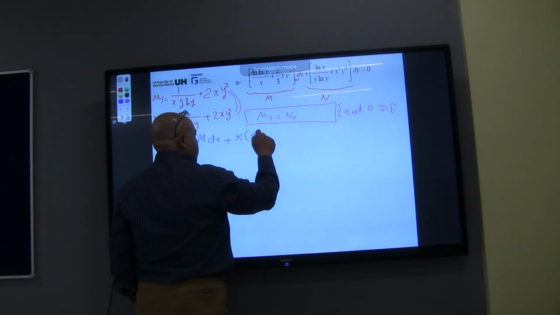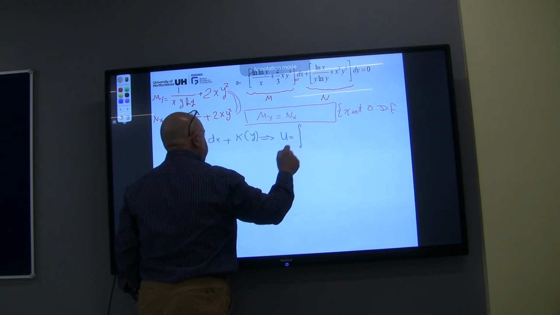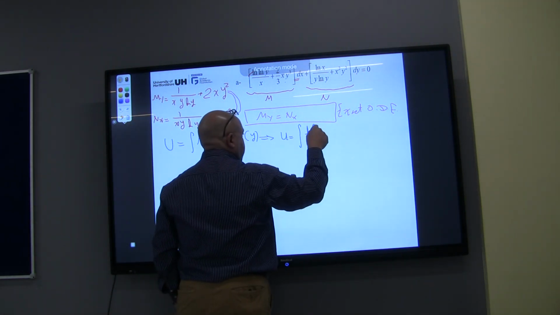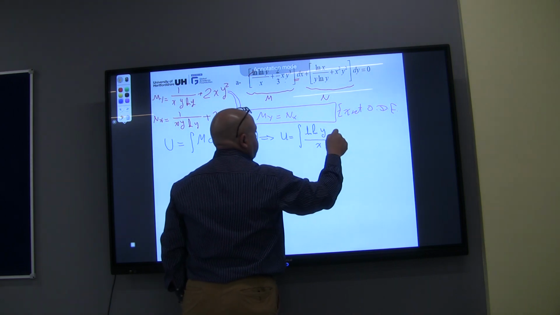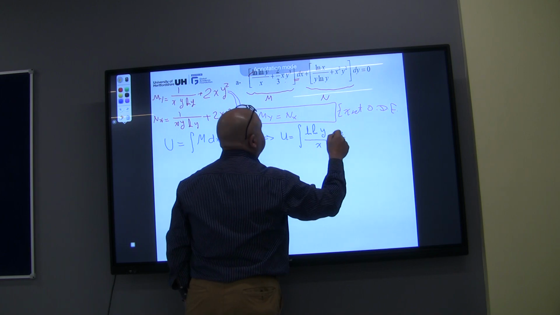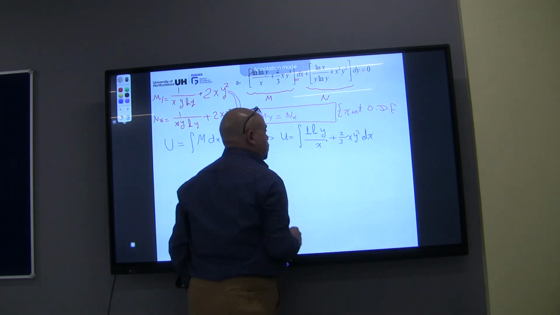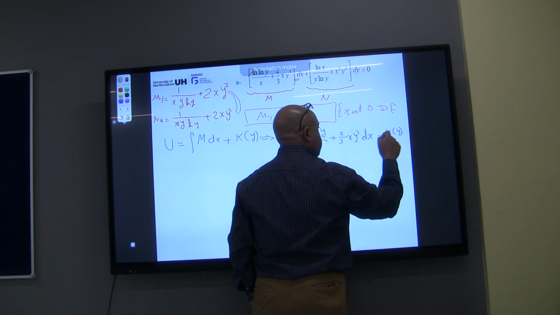So u will equal the integration of m. It's going to be ln y divided by x plus 2/3 of x y to the power 3. I will integrate with respect to dx, and then I will add the function in y.